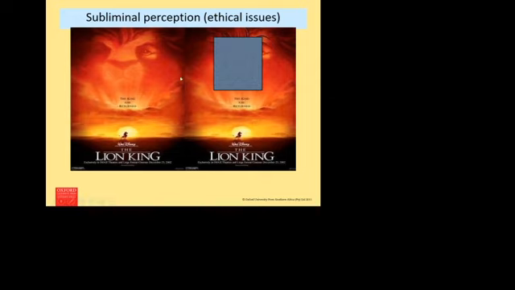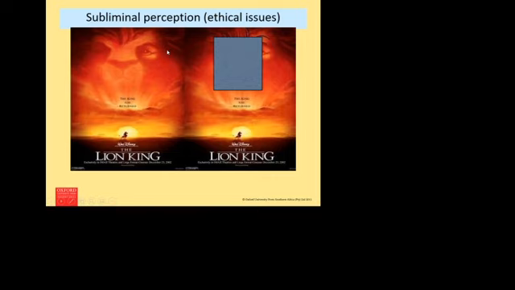We may think that this is a normal photo, but actually they use subliminal perception, because if you look closely, you can see here the mouth of the lion. So this actually has two interpreted messages behind it. It could attract maybe the father to watch this. The children may be innocent, they may not be able to interpret this.